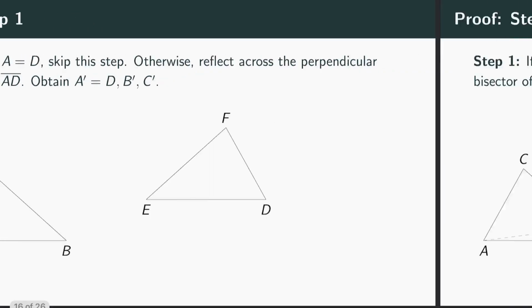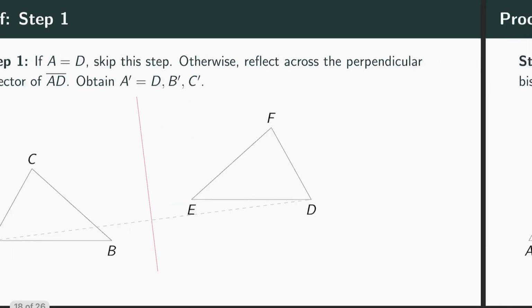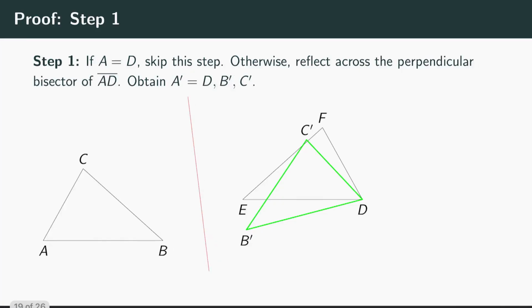So the first thing we do is we draw the segment AD, and so I have it here in these little dots, and then we take the perpendicular bisector of that. So that gives me this red line here, this perpendicular bisector. And now we're going to reflect across that red line.